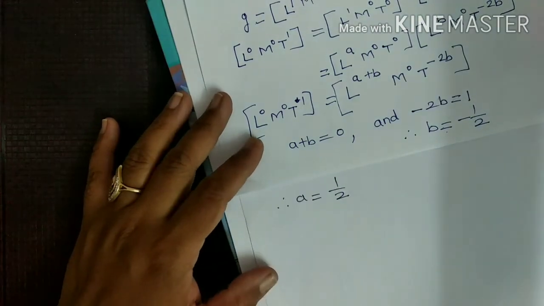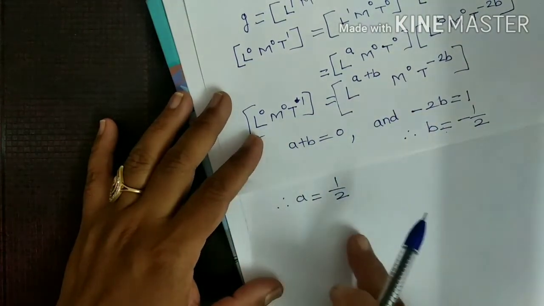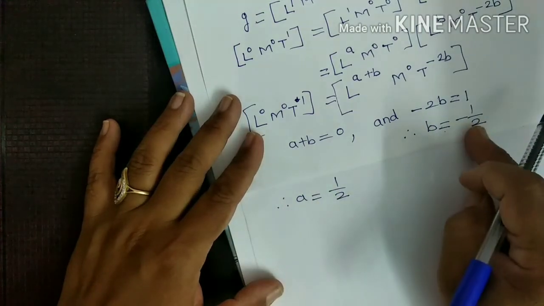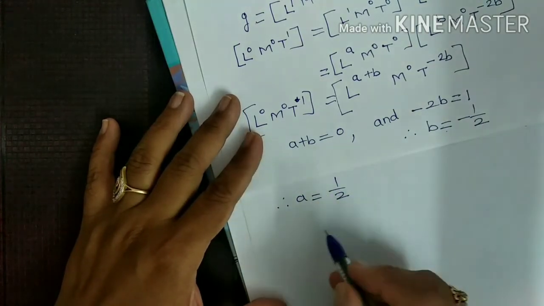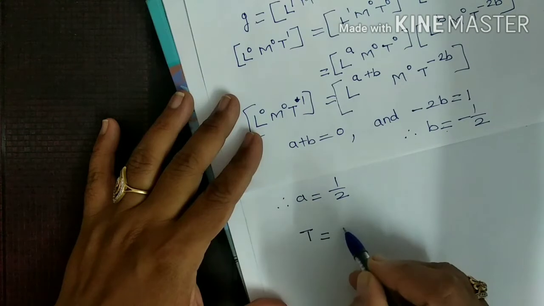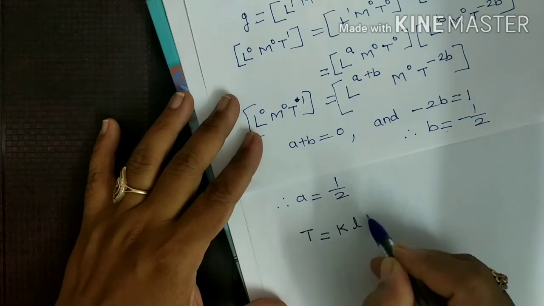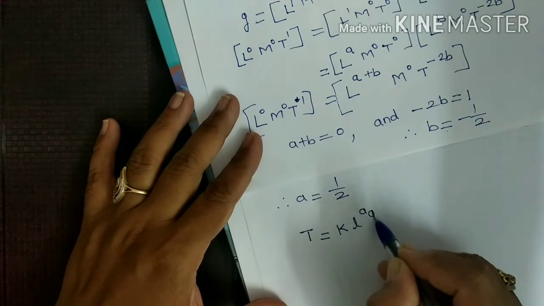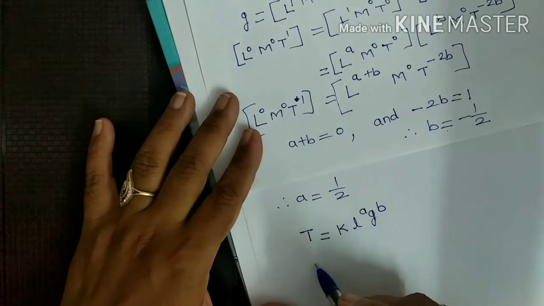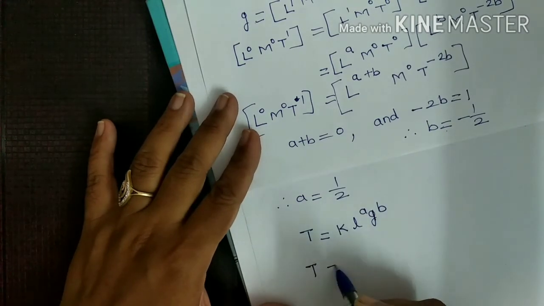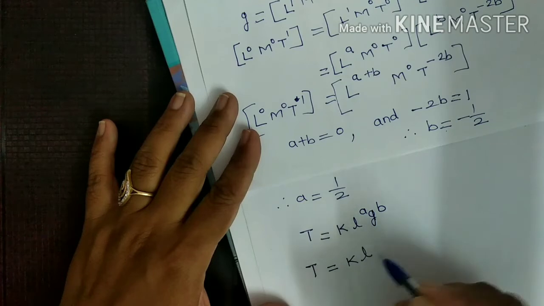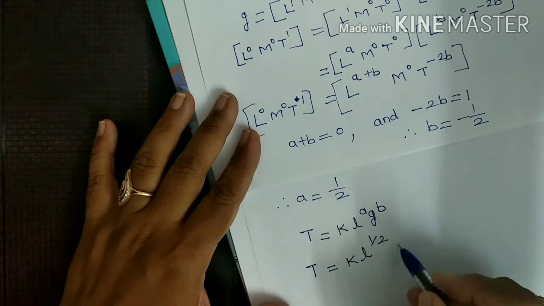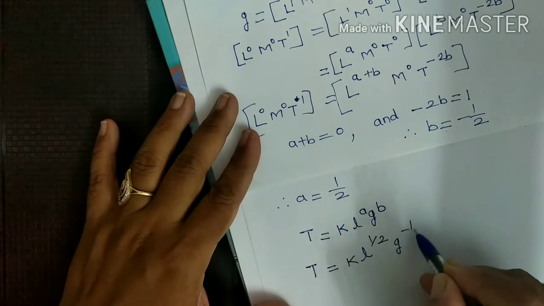Put these two values, a is equal to 1/2 and b is equal to minus 1/2, in the equation T is equal to k L raised to the power a and g raised to the power b. That is T is equal to k into L raised to the power 1/2 and g raised to the power minus 1/2.